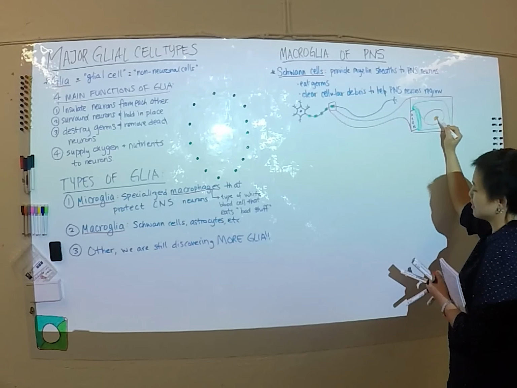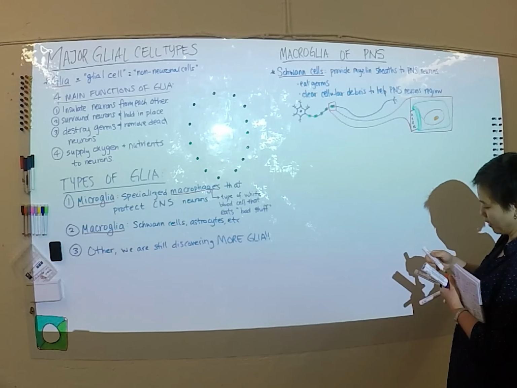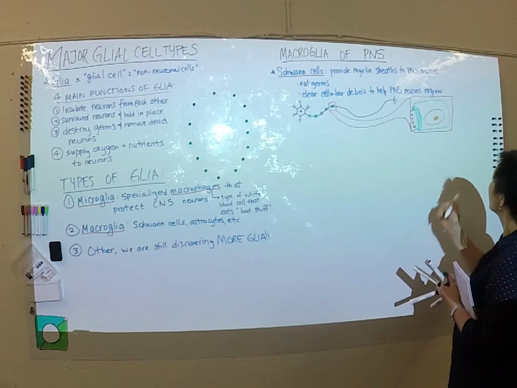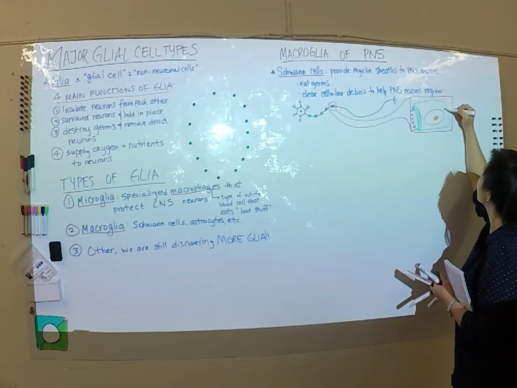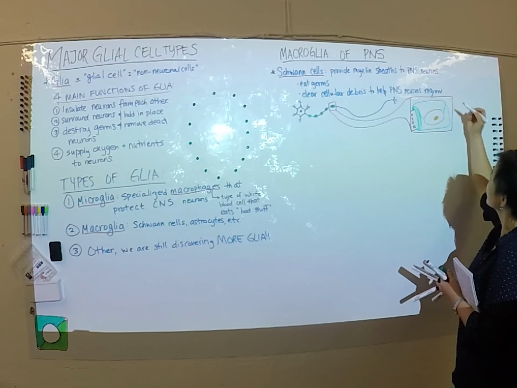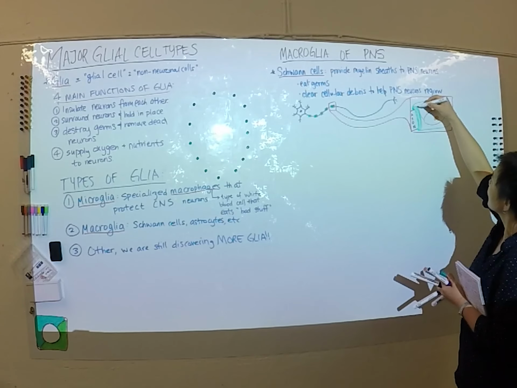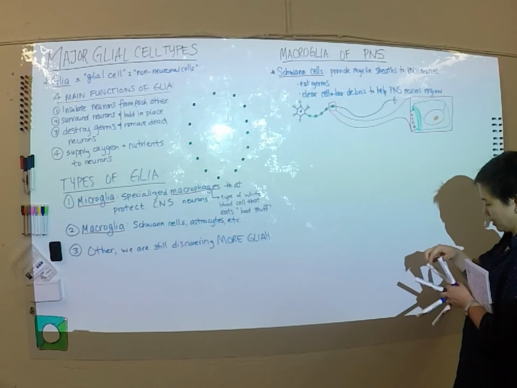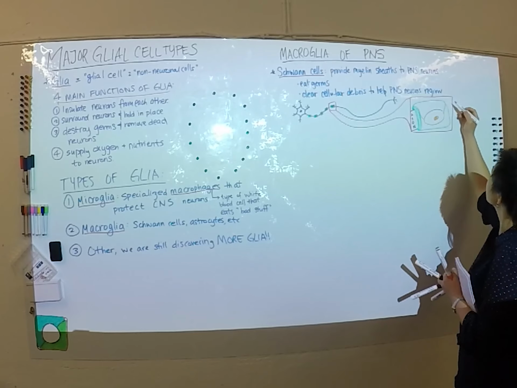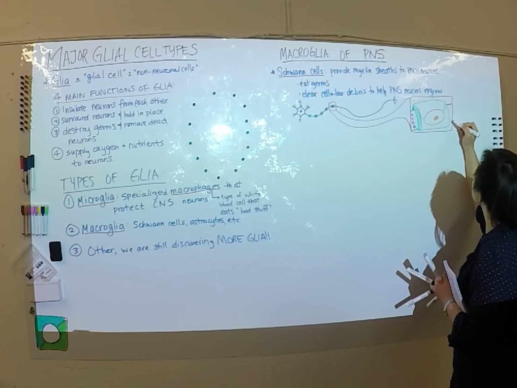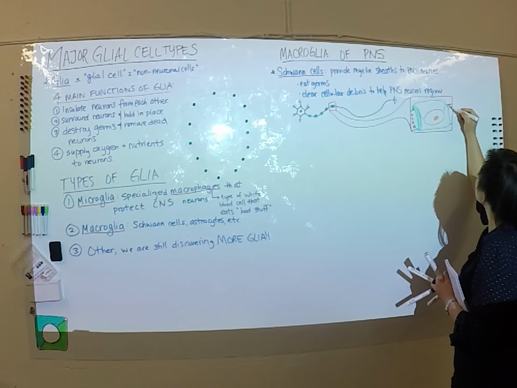So that's the nucleus of the Schwann cell. And this is the outermost layer that it has been creating. And then behind it is the rest of the axon.